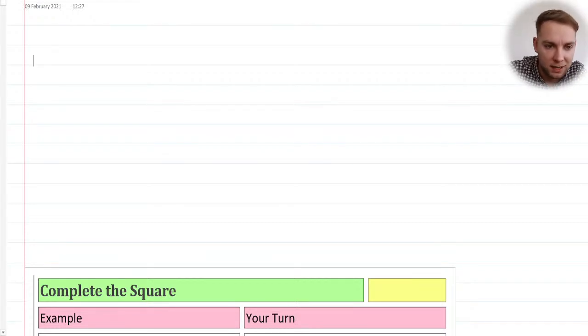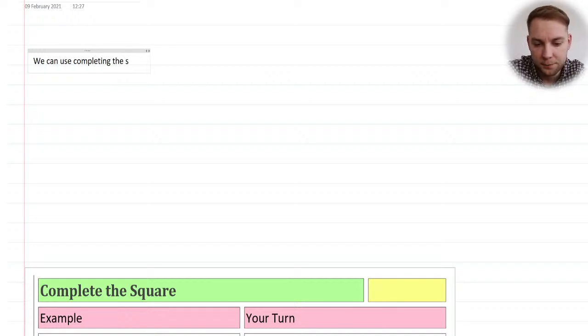So let's just write that down first of all. This is really important. We can use completing the square for many reasons.